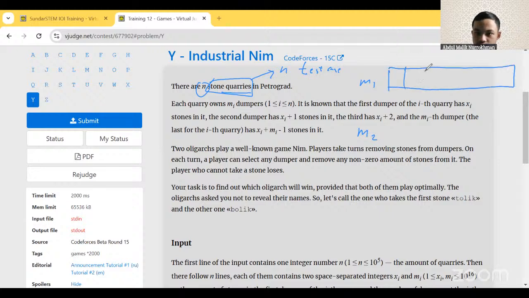And the first value in the array is value x, or x1. And in the second test case it is x2. And then the second value is x1 plus 1, and then the third value x1 plus 2, and so on.